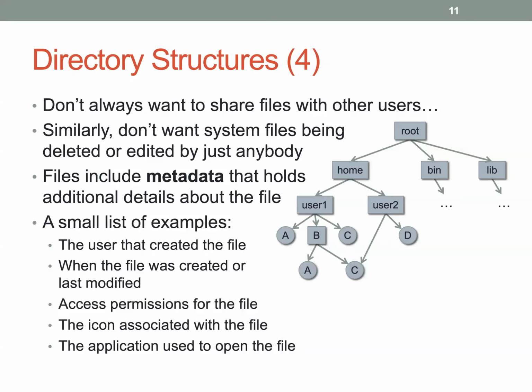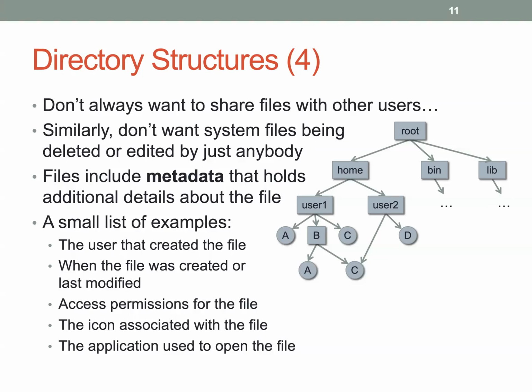And so, yeah, here's some of the details you might see in the metadata for a file. User that created it, when the file was created, when it was last modified. Both of those timestamps tend to be recorded by the operating system implementation. Access permissions. Are you allowed to run this thing? Are you allowed to write to it? The icon associated with the file, like Mac OS is very focused on being a usable operating system.